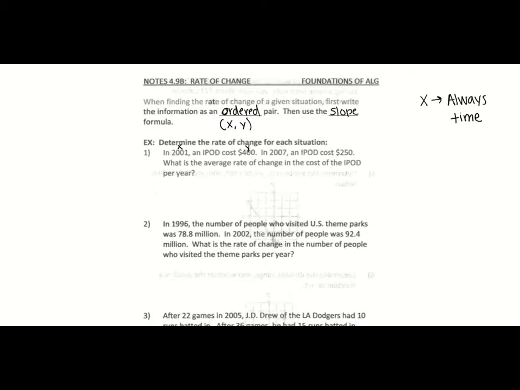So our other value that is not time, it's going to be our y. So then in 2007, so this is our x2, in our second year, an iPod cost $250. This is our y2. What is the average rate of change in the cost of an iPod per year?